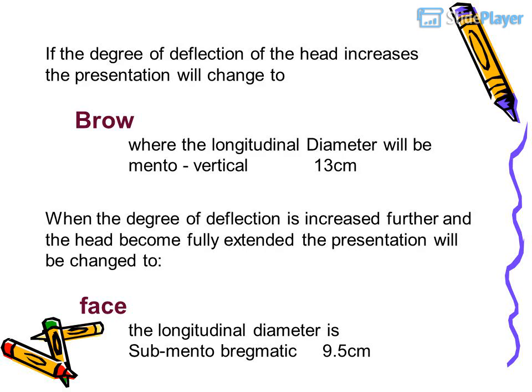If the degree of deflexion of the head increases, the presentation will change to brow, where the longitudinal diameter will be mento-vertical, 13 cm. When the deflexion increases further and the head becomes fully extended, the presentation will change to face. The longitudinal diameter is submento-bregmatic, 9.5 cm.